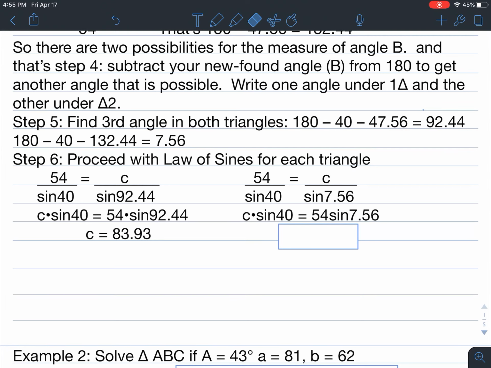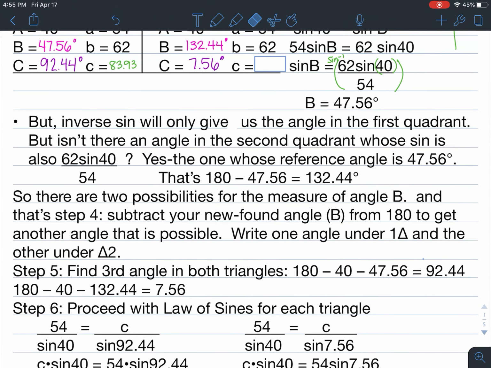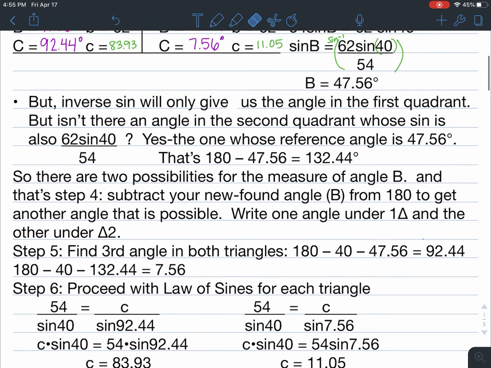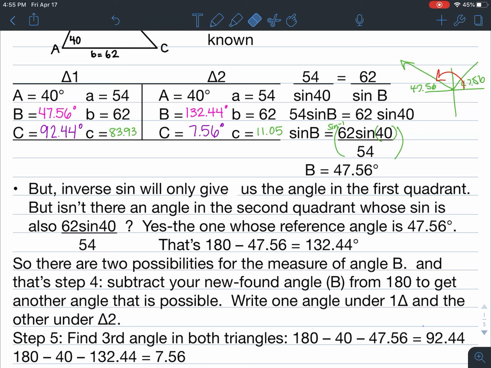And for the first triangle, we get 83.93. And for the second triangle, we get 11.05. And then come back up, and you can see here that that's what I filled in there, 83.93 and 11.05. And so these triangles are both possible.